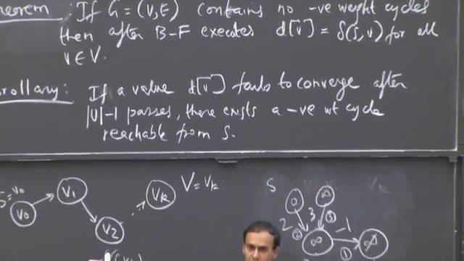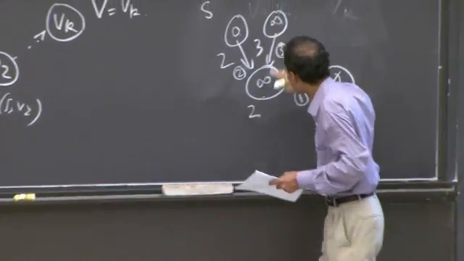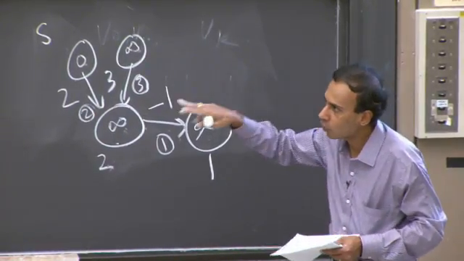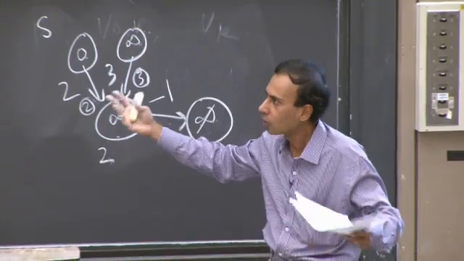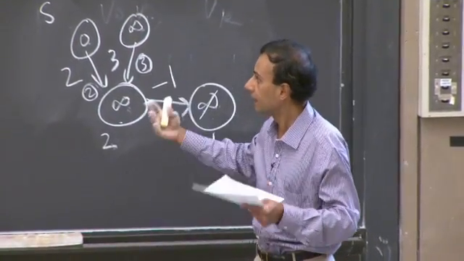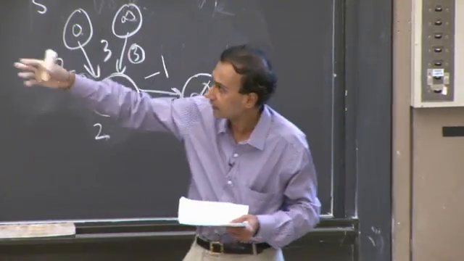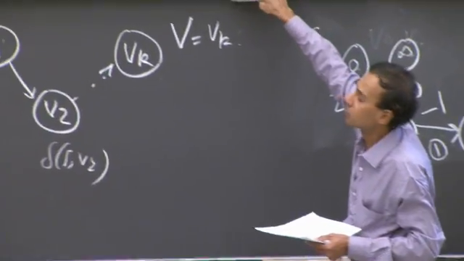Initialize is affected by S because D of S starts out being 0, like I put over here, and the rest of them are infinity. So there is an effect of the choice of the starting vertex, and the rest of it follows that you will get an undefined value, or you will find that the negative cycle exists based on whether you can reach it from S or not.